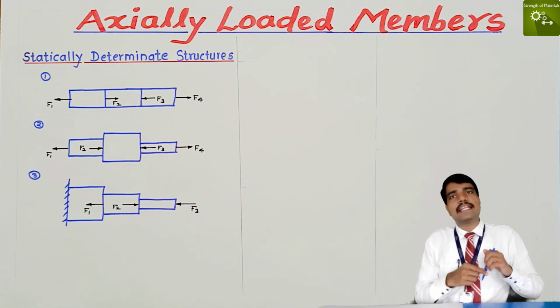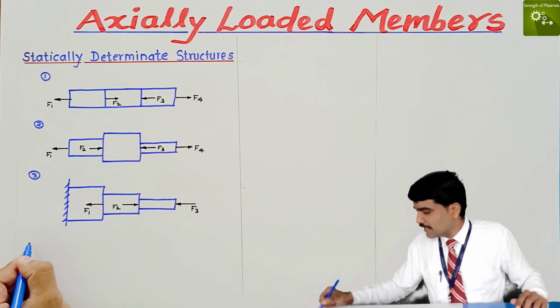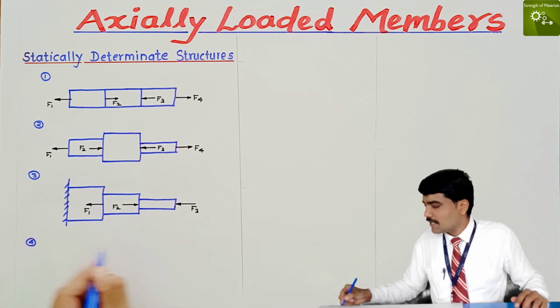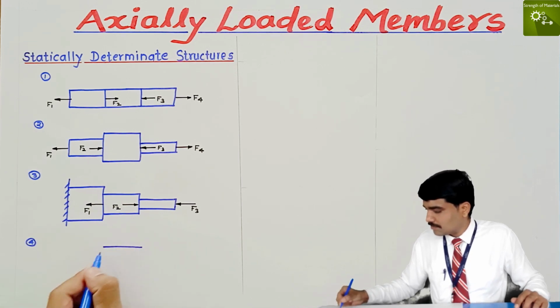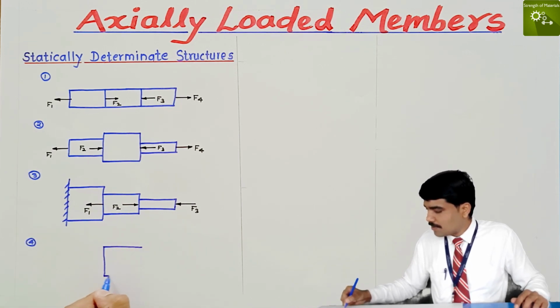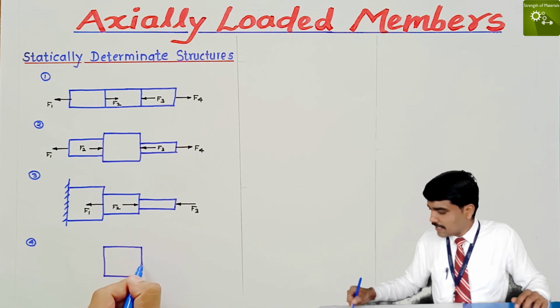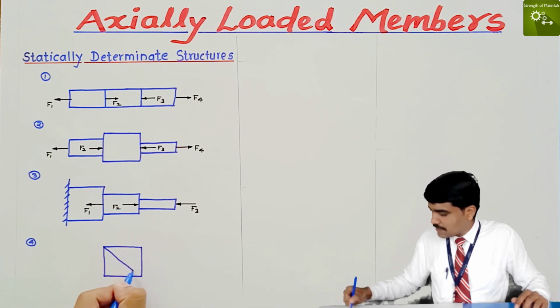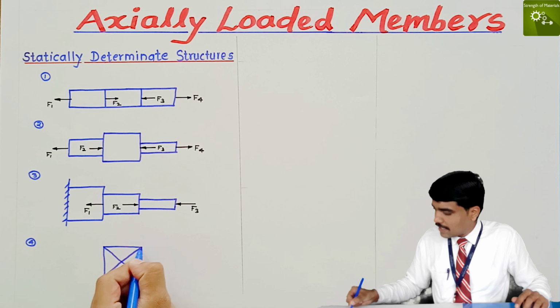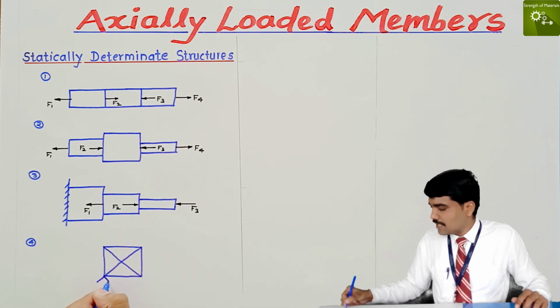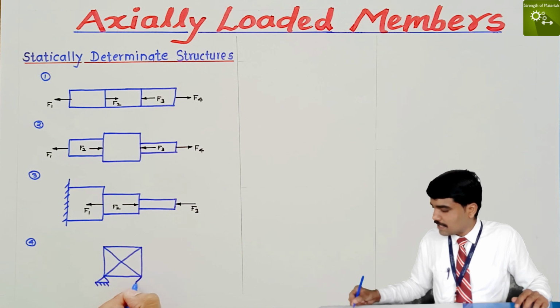The third and last type of statically determinate structure is a truss. We have to find the internal forces or elongation by using simple static equilibrium conditions or free body diagrams.